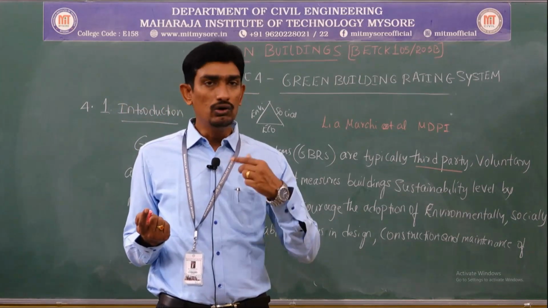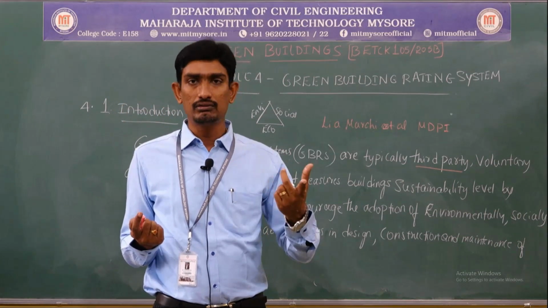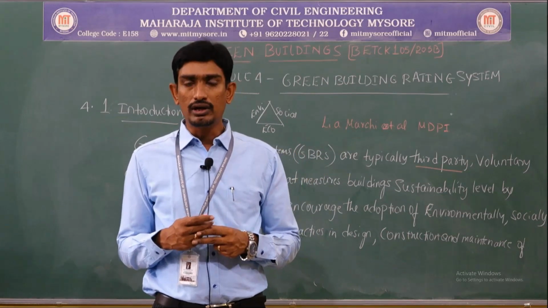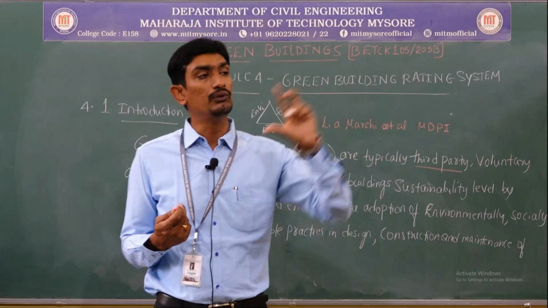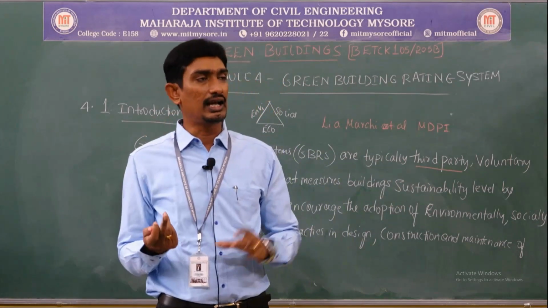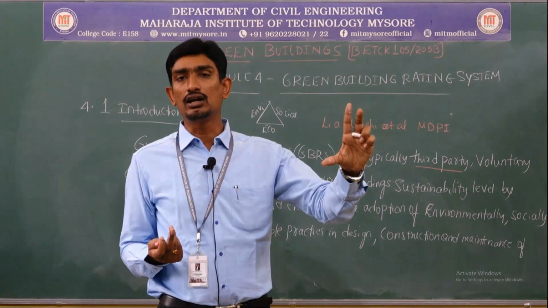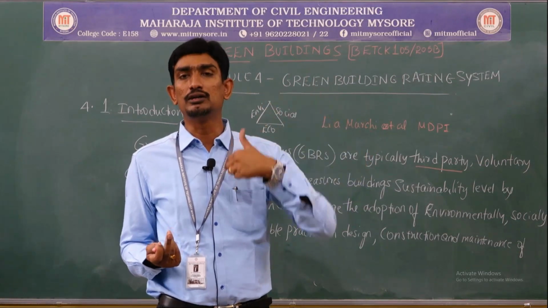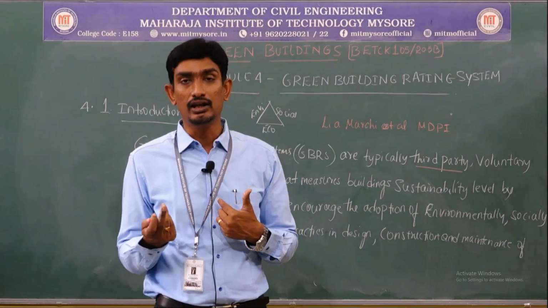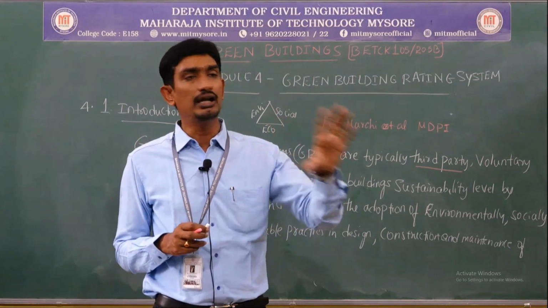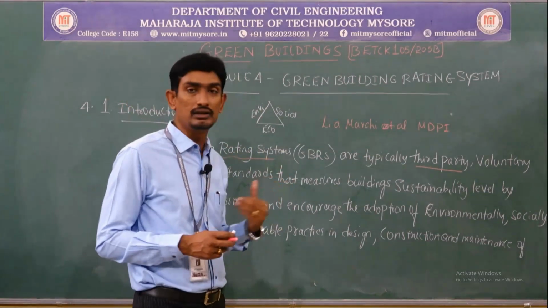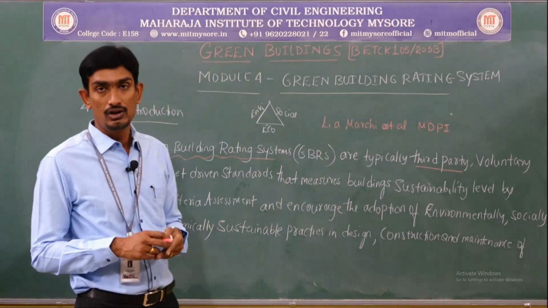One who is going to have the building constructed is called the owner. And the other person who is going to evaluate whether this contractor has done it properly or not, the owner will call the third person, that means me. He is not going to call a contractor. So in order to certify the building constructed by the contractor, I am the third party.